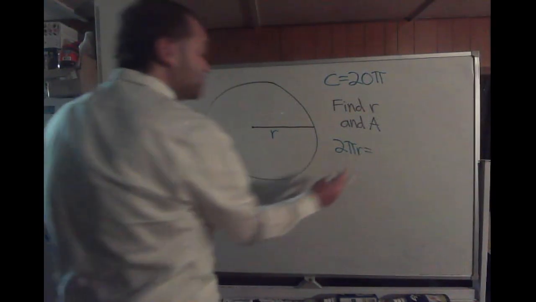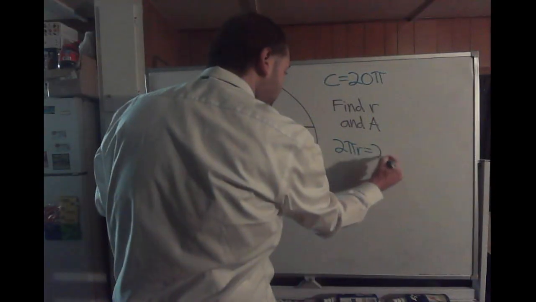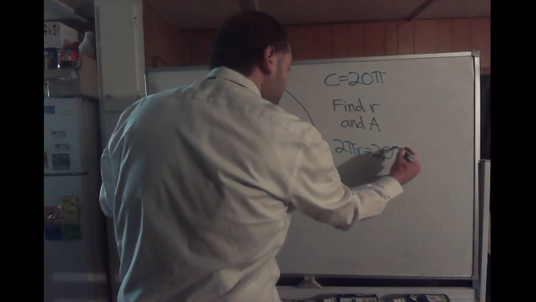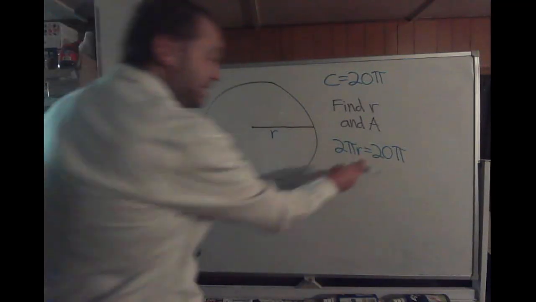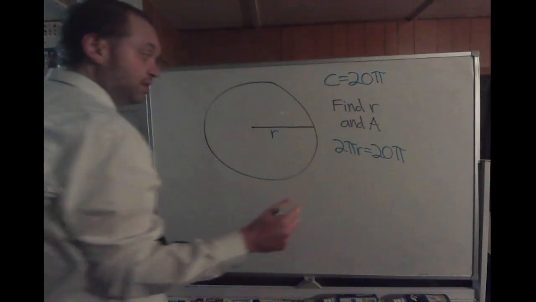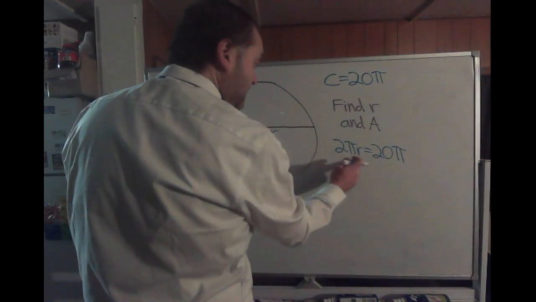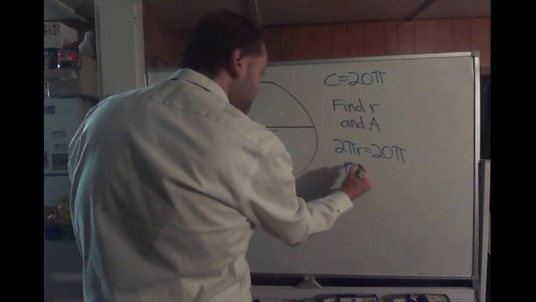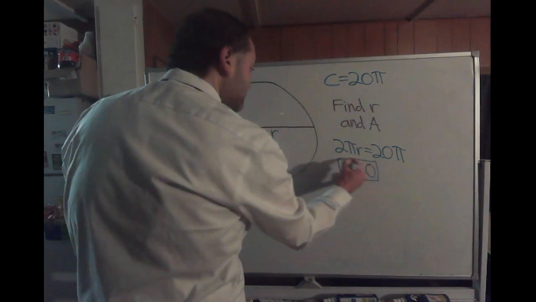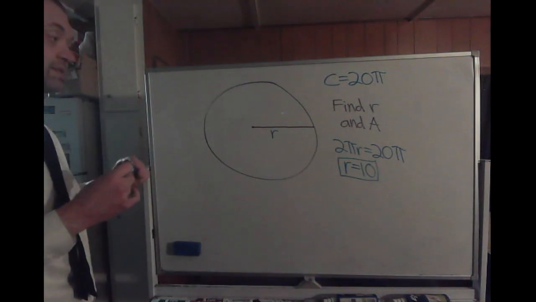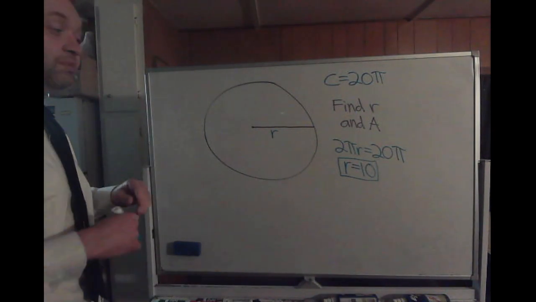In this case, the circumference was equal to 20 pi. So take the formula for the circumference of a circle, set that equal to your actual circumference. Well, if you divide both sides by 2 pi, you would get that the radius is 10. So the radius is 10 units. We found the radius. That was easy enough.